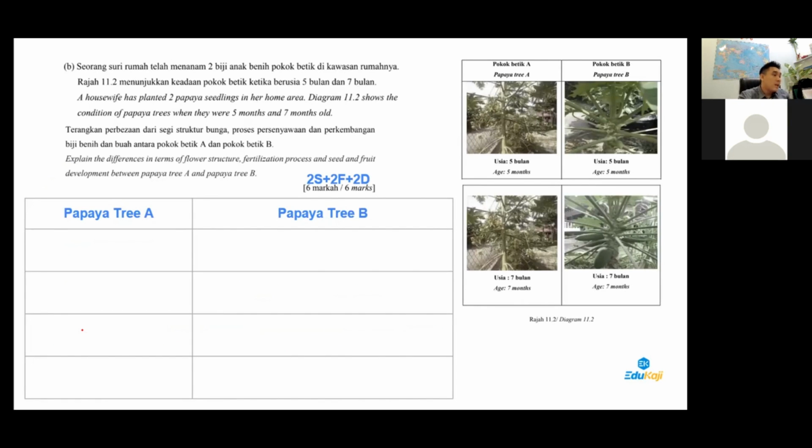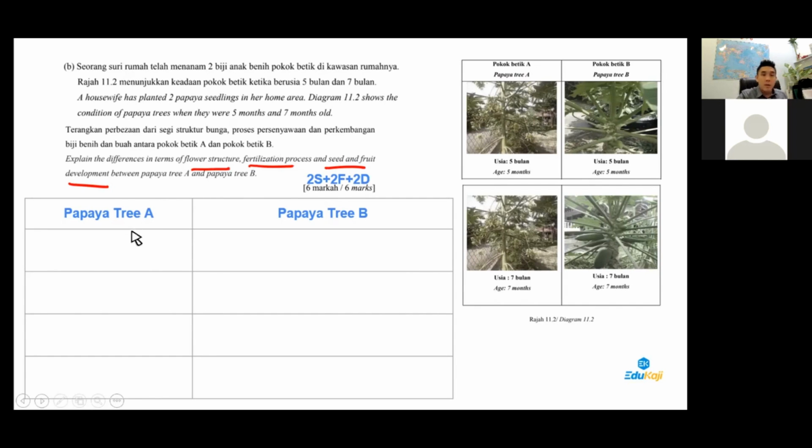Okay, guys, part B: explain differences in terms of flower structure, fertilization, seed and fruit development, all of this here. So papaya tree A and B, you can see B is growing a bit better.